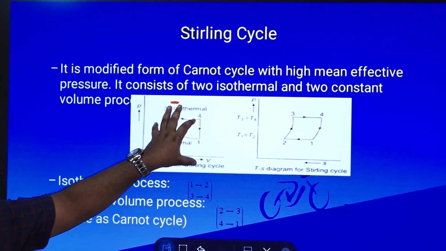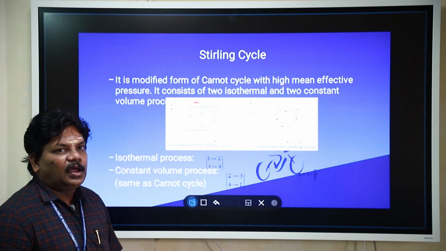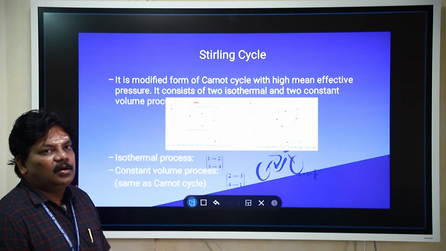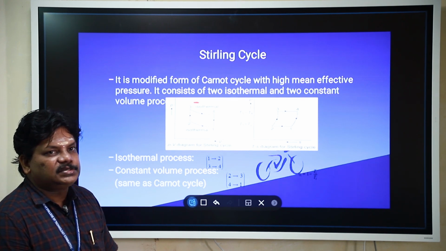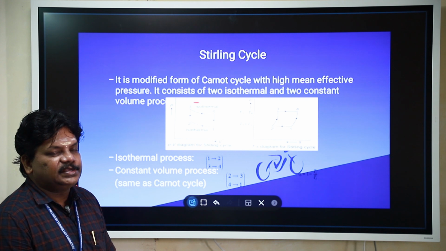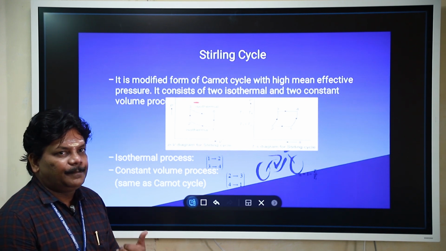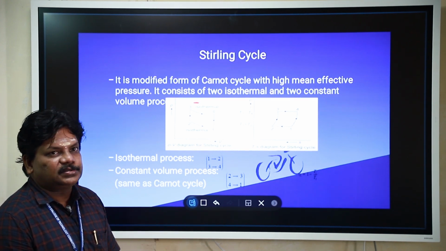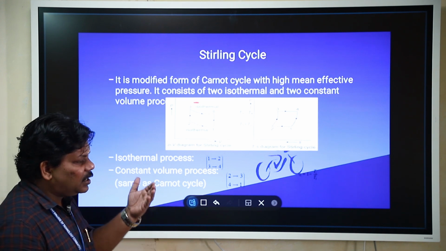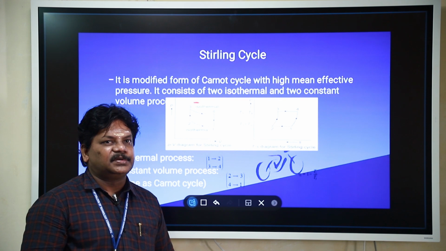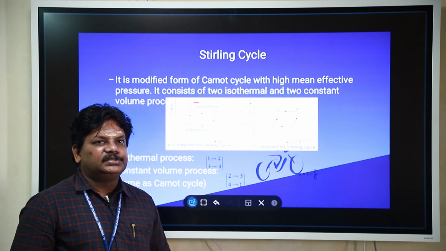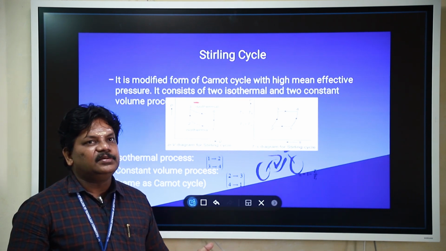How many isochoric processes are there, how many isobaric processes, how many constant temperature processes, that is isothermal, then reversible adiabatic processes. You have to know where the heat addition takes place and where the heat rejection takes place. You have to compare all this and study.